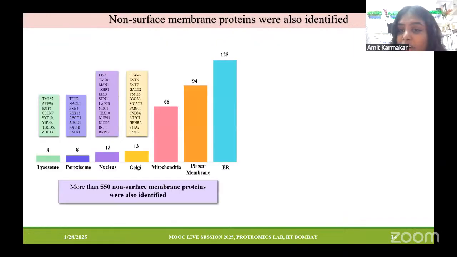Now, with this technology, a small fraction, we also were able to identify non-surface protein members. For example, the membrane proteins of lysosome, the peroxisome, nucleus, Golgi, mitochondria, etc., etc. And we were able to get a lot of endoplasmic reticular membrane proteins as well.